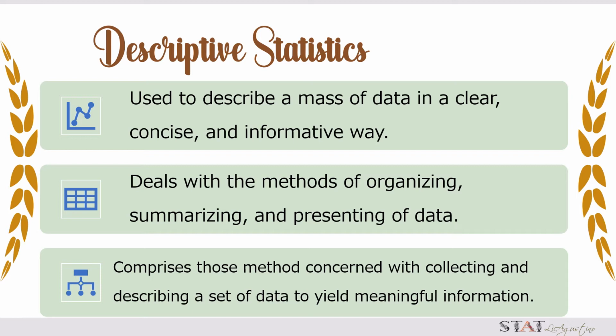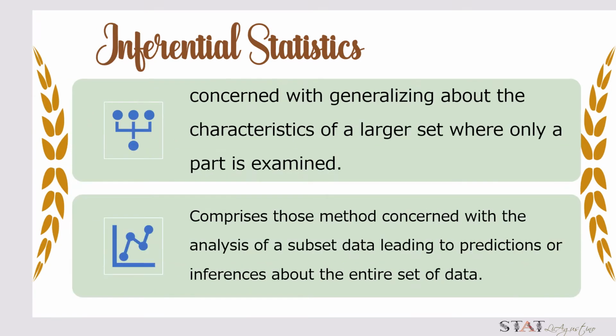Okay, and then what is the second type of statistics? We have the inferential statistics. Let's define it. It is concerned with generalizing about the characteristics of a larger set where only a part is examined. For example, the CPAC students' level of church involvement. And then I've gathered data using a proper research methodology and sampling.